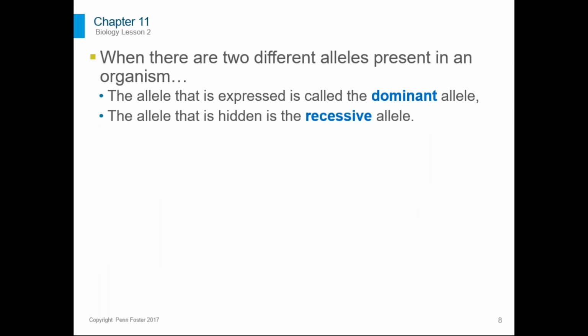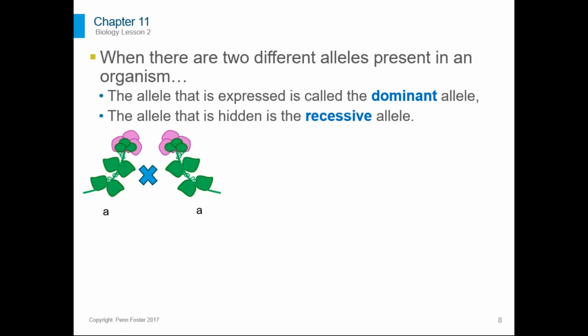Another important conclusion from Mendel's work is that often when there are two different alleles present in an organism, one of them is expressed as a trait that you can see, and the other is hidden. The allele that is expressed is called the dominant allele, and the one that is hidden is the recessive allele. For example, in Mendel's plants, if a plant received the allele for green seeds from each of its parents, the seeds were green.